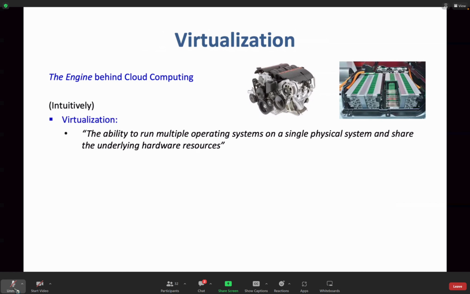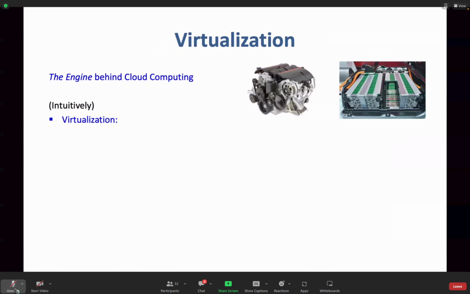So virtual, what's the opposite word of virtual? Reality? Okay. Anyone else?